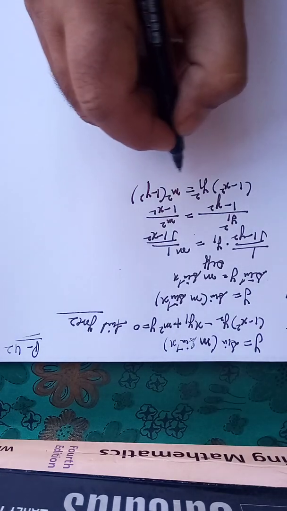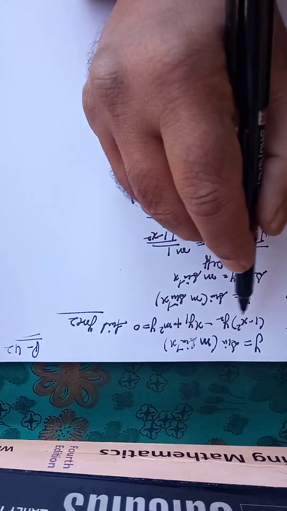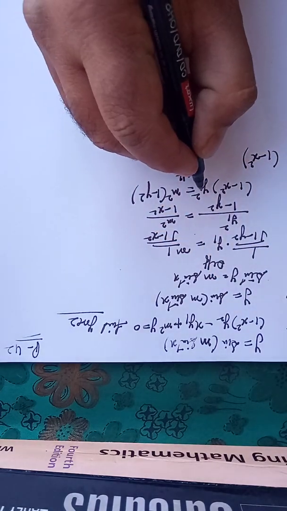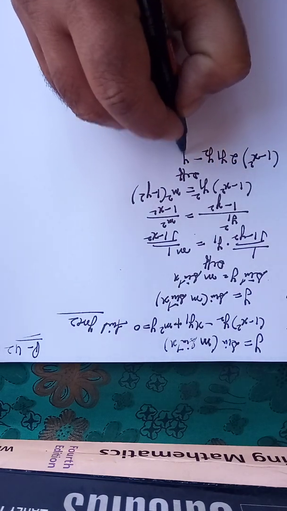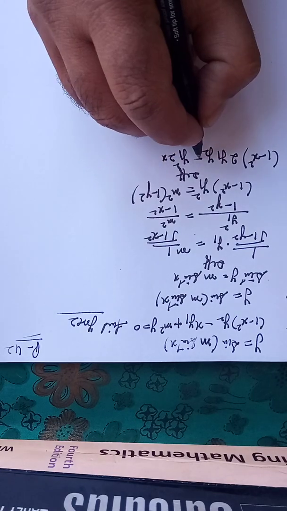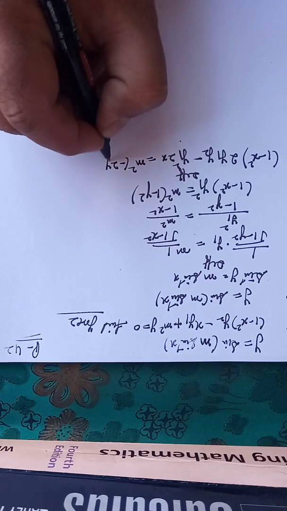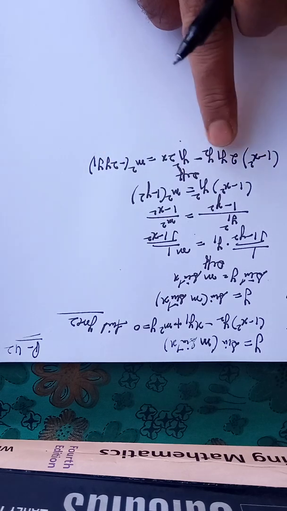Now let me differentiate it with respect to x, because I have to find a relation in terms of y2. 1 minus x square as it is, derivative of y1 square is twice y1 y2, minus y1 square as it is, derivative of 1 minus x square is minus 2x, so it is 2x, minus, I have already taken, this is m square minus 2y y1. Now 2y1 is over here, 2y1 is over here, 2y1 is over here.